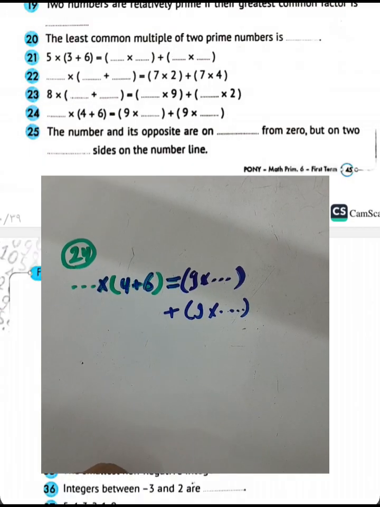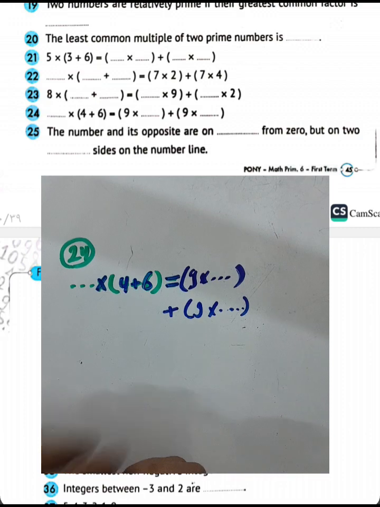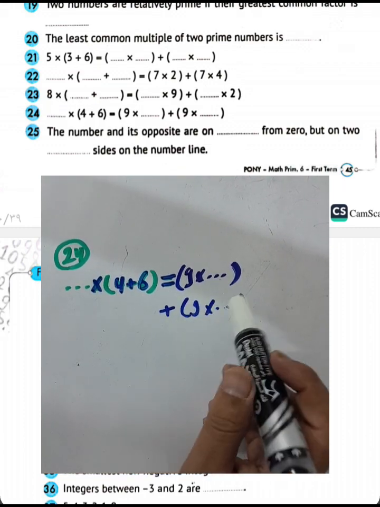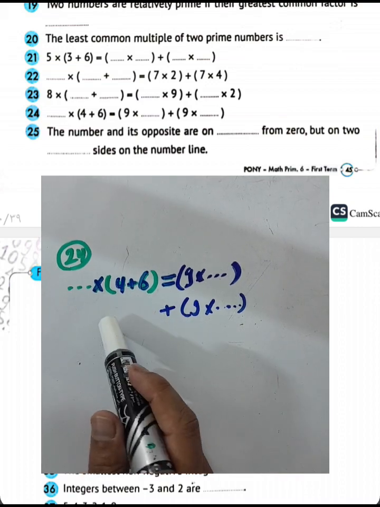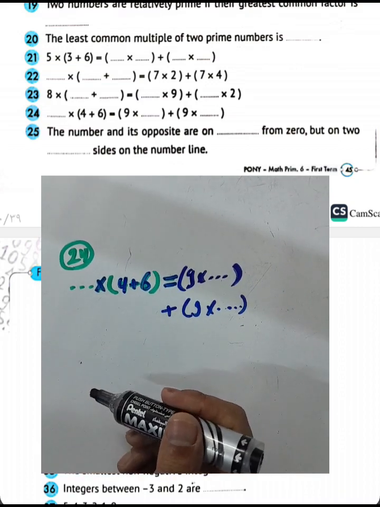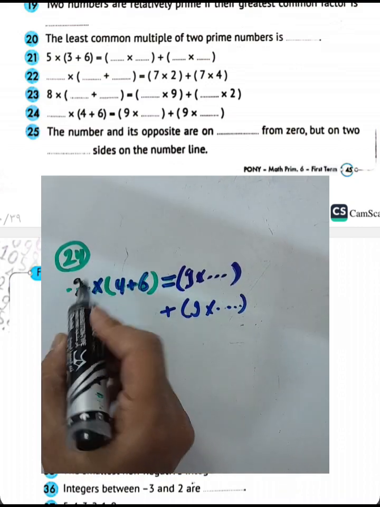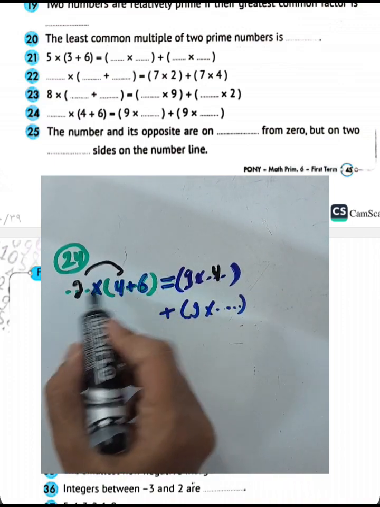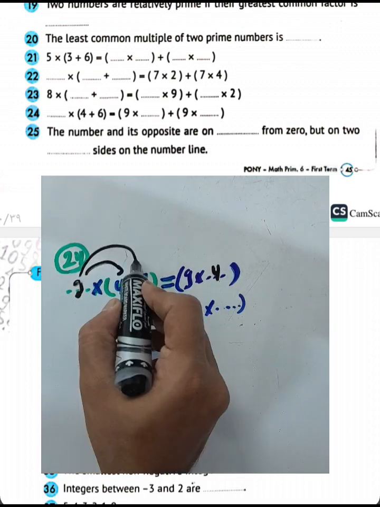Question 24. Blank times 6 plus 4 equals 9 times blank plus blank. We use the distributive property here: 4 times 9 and 9 times 6.